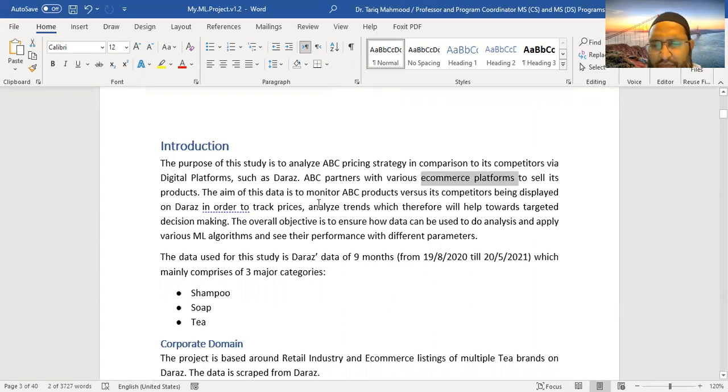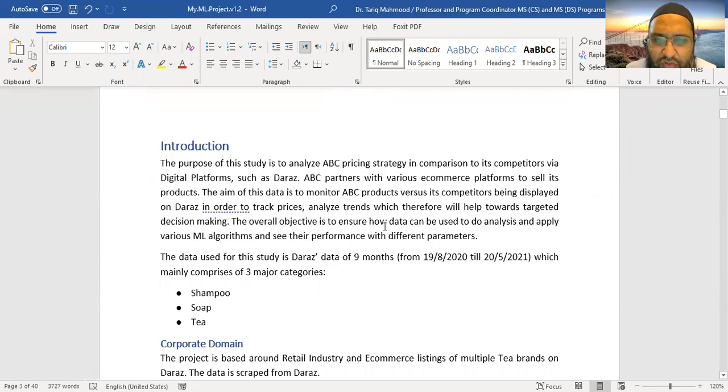And obviously, when you have competitors, then you want to monitor the prices that they're giving so that you try to maintain competitive prices. So you want to track prices and analyze trends, and hence you can do targeted decision making for your customers who are buying on Daraz.